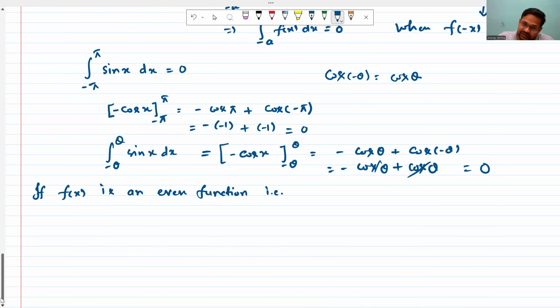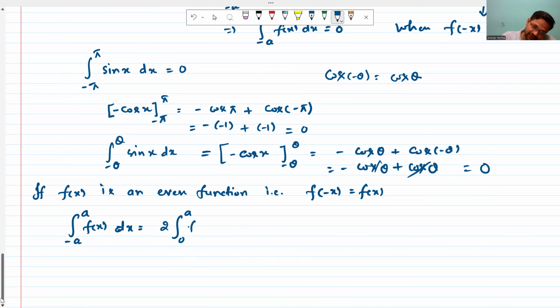It means f of negative x is just equal to f(x). We have to prove that the integral from minus a to a of f(x) dx is just equal to 2 times the integration from 0 to a of f(x) dx for this even function.